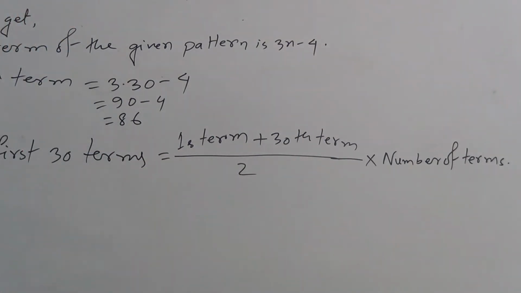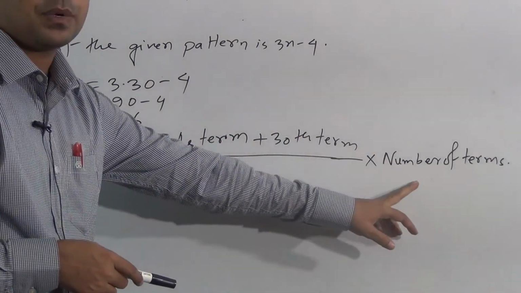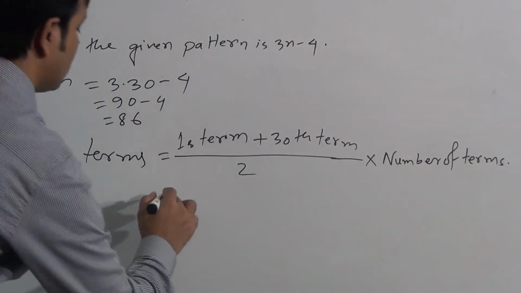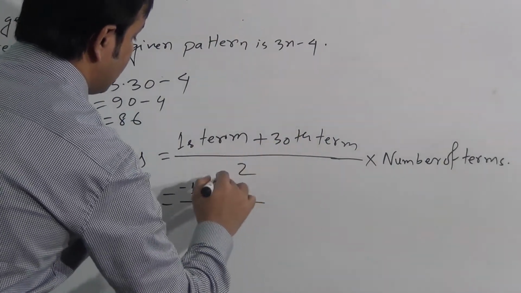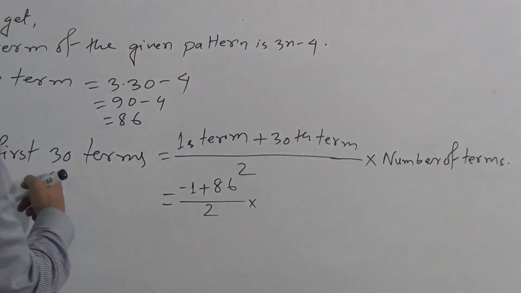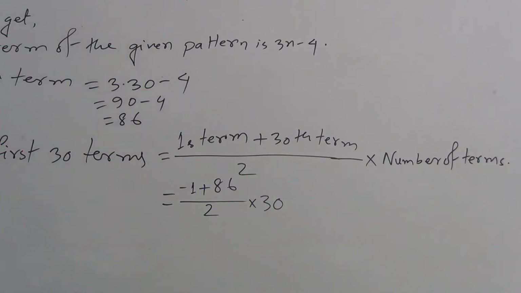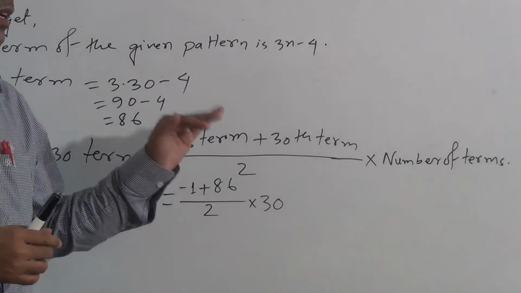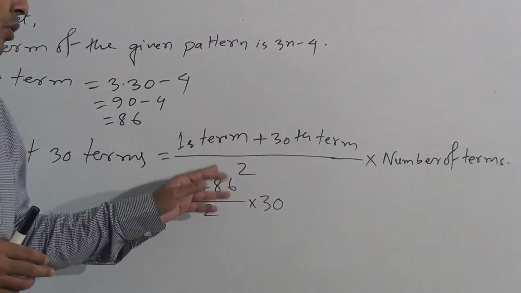Okay dear students, so we need the first term, the 30th term and the number of terms. Here the first term is -1, the 30th term is 86, here is 2 and we have to multiply by the number of terms, that means 30. Students, remember the formula again. The formula for the sum of the first n terms is first term plus last term into number of terms divided by 2.